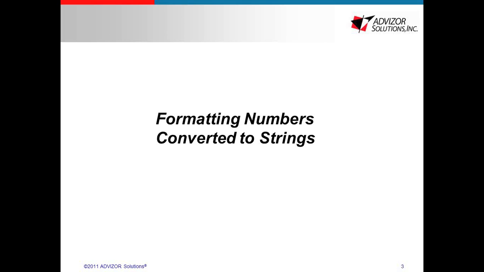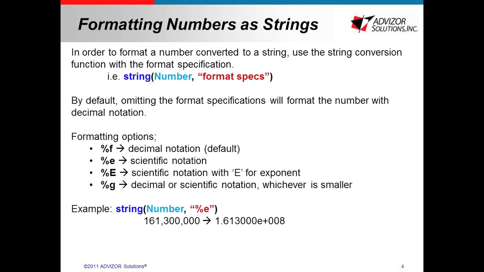Many times you will be working with large numbers that you would like to display. However, you would like to format them differently so that they're smaller and more readable.